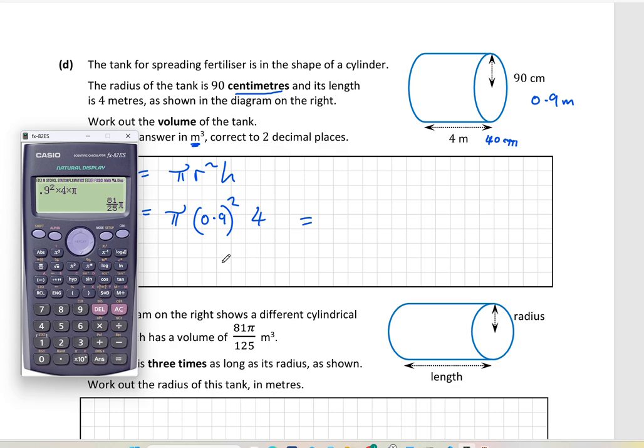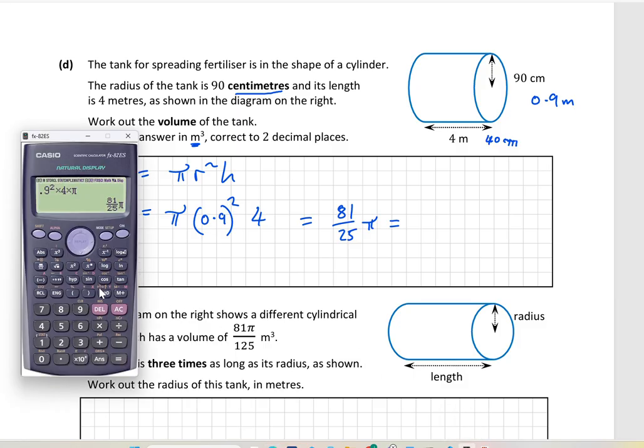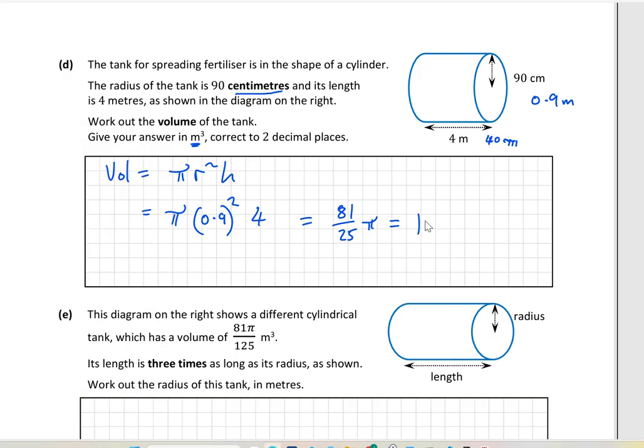So that's 81 over 25 pi. But they're asking for 2 decimal places, so I need to turn it into an actual number of decimal places. That's 10.178. To bring that to 2 decimal places, it's going to be 10.18 meters cubed. So that's my answer there.